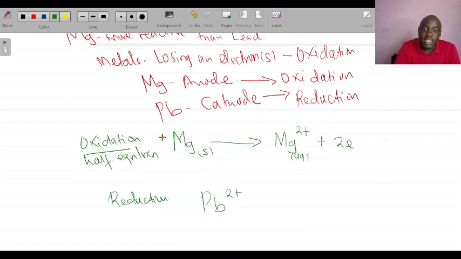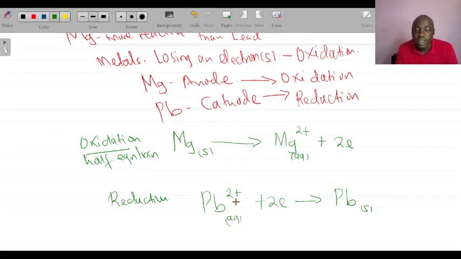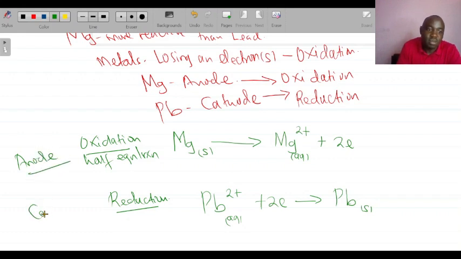Because reduction is the gaining, Pb2+ is going to gain 2 electrons to become Pb. And that explains why the mass of our anode decreases while the mass of our cathode is going to increase.